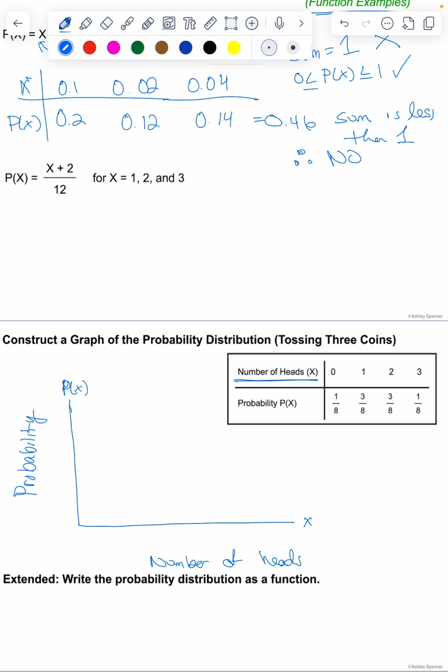So 0 is going to be, well, 0 heads, right? So 0 heads is going to be right here, we'll call this 0.